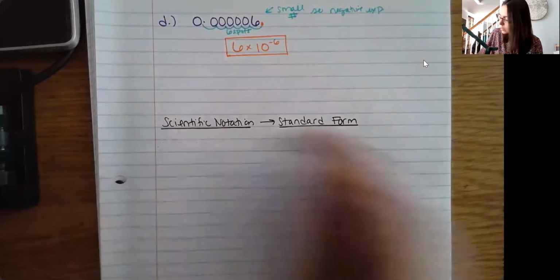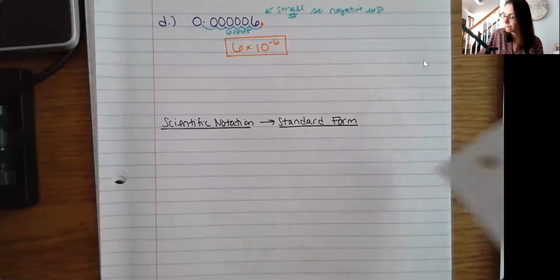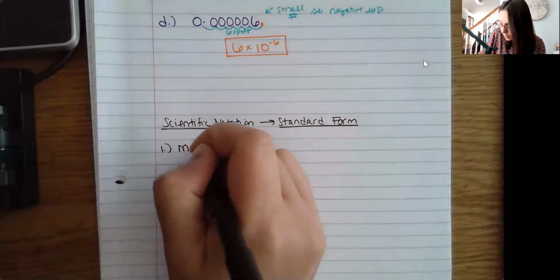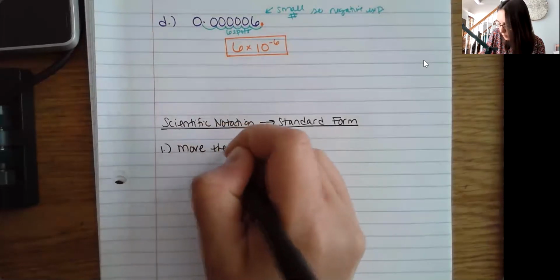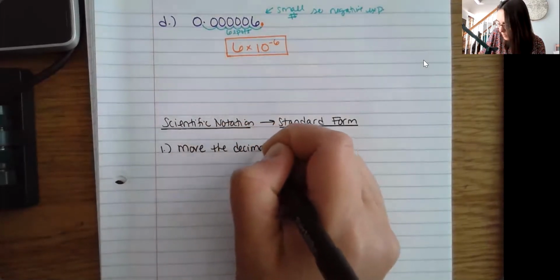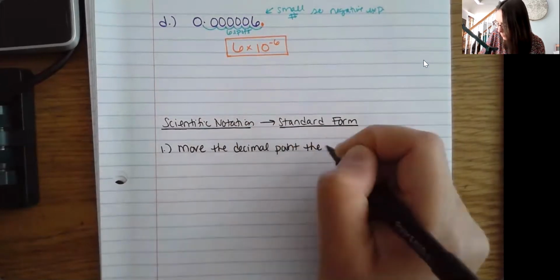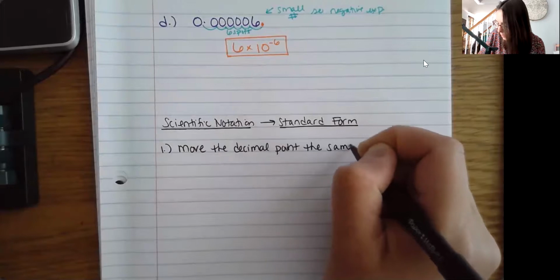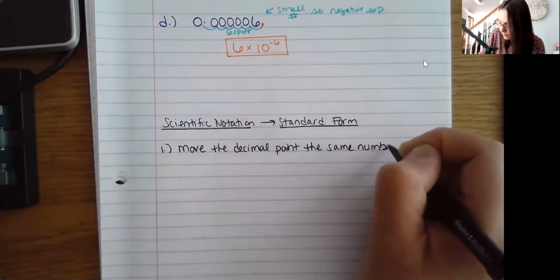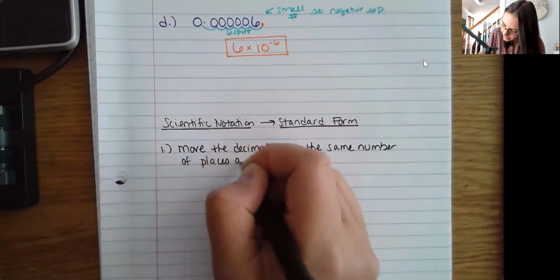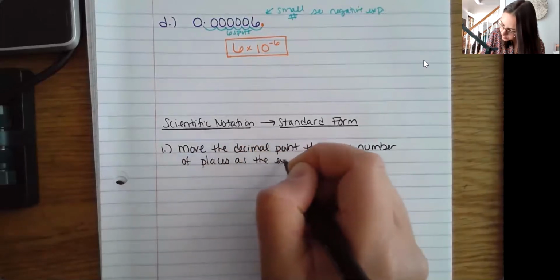All right, so what did I use? Step 1? Okay. So you're going to move the decimal point the same number of places as the exponent.